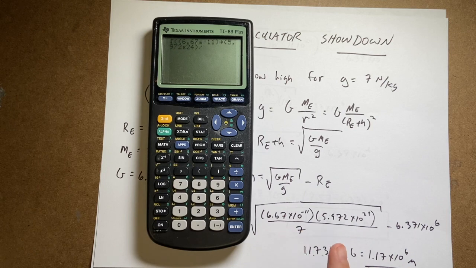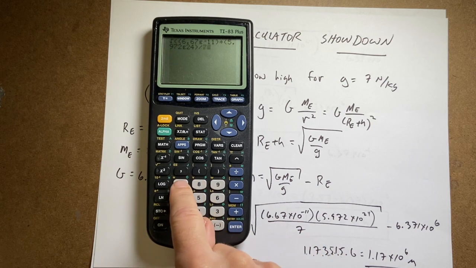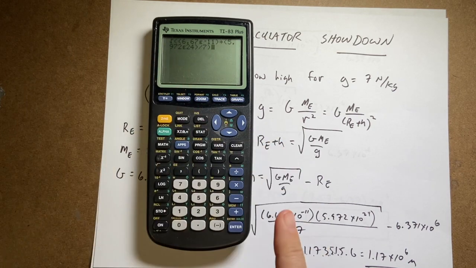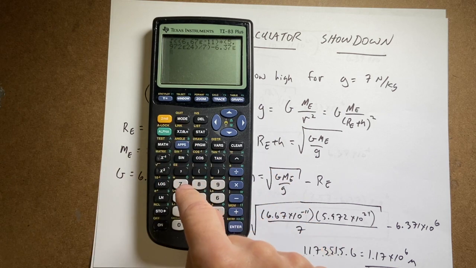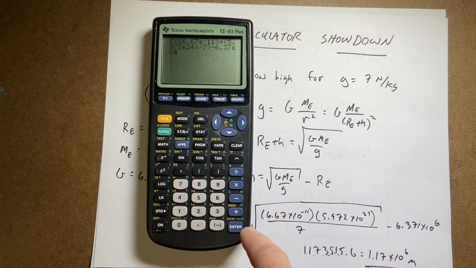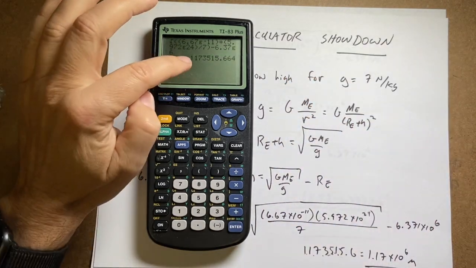Now again, you have to be careful about the divided by, but I just have a 7 down there, so it's not so bad. 7 and then close parentheses for the square root, and then minus 6.37 times 10 to the 6th. Enter. Yeah, okay. Again, it doesn't give me scientific notation, but it gives me the same thing.